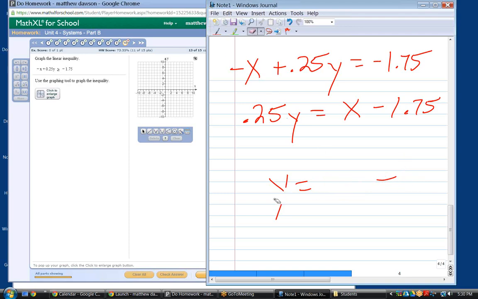Okay, so now what? Is that the correct format? Well, not yet. We've still got this coefficient here. In other words, we've got to get rid of that coefficient. Get it into y equals something.